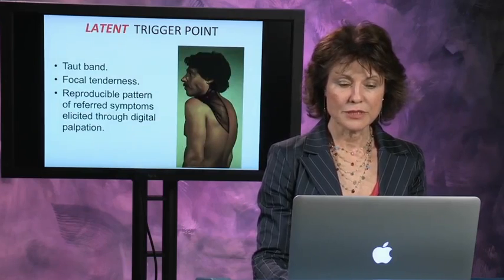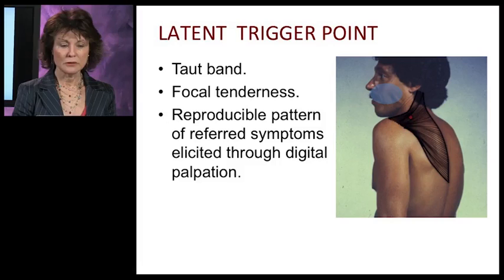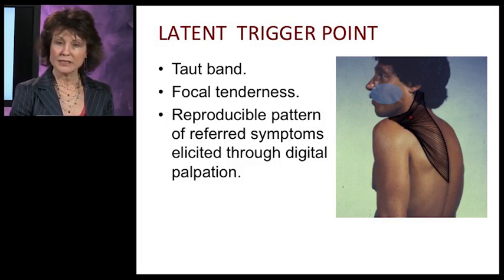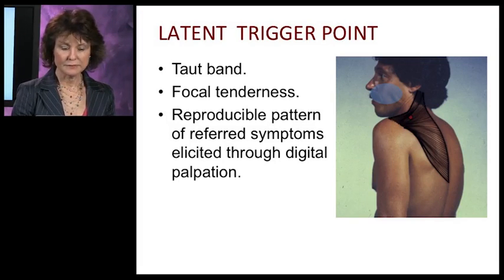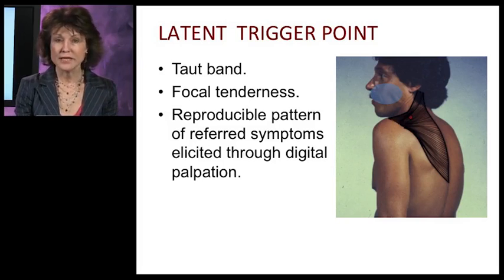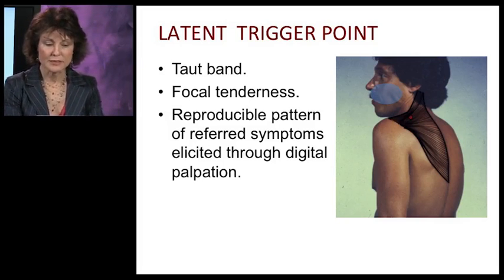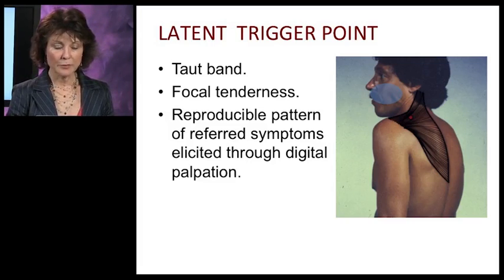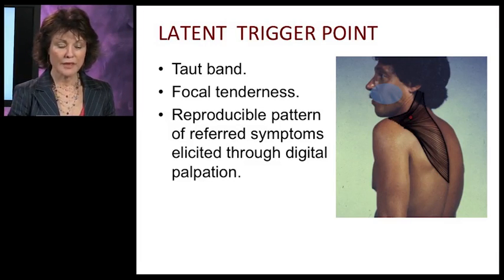Now here's the same person from the prior example where he has no headache pain. The same trigger points that were causing his pain the day before are now latent. They're not actively referring pain. Latent trigger points have the same characteristics as active trigger points, such as being located in a taut band of muscle and also being very tender when palpated, but unless stimulated or palpated, they are not at that moment in time causing any referred pain.